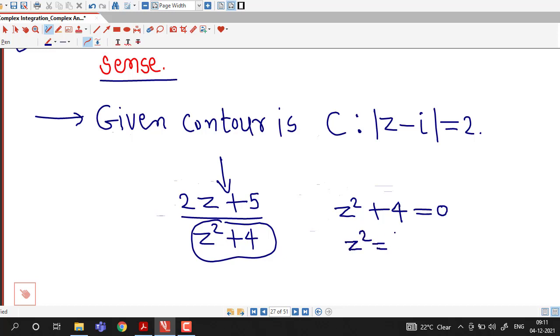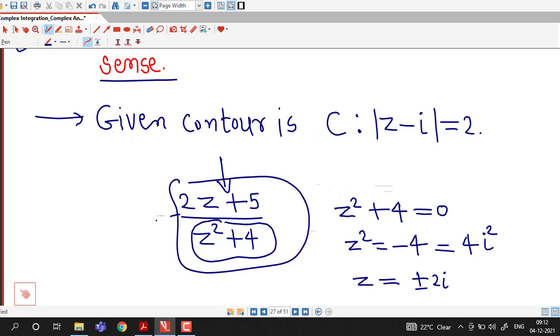If we solve this, we can rewrite it as z² = −4, and replace −1 by i². This gives us two possible values, z = ±2i. So this function will be analytic everywhere except these two points, z = 2i and z = −2i.